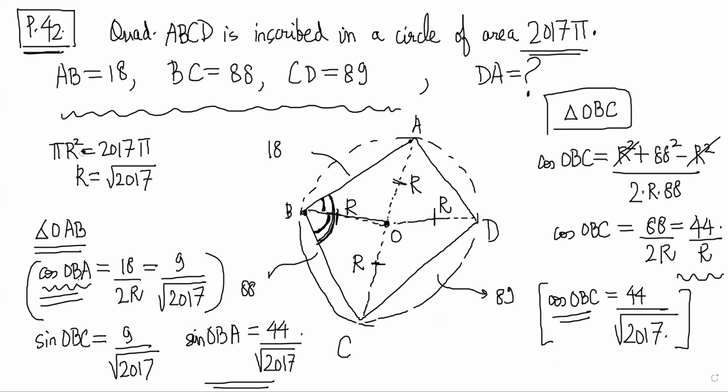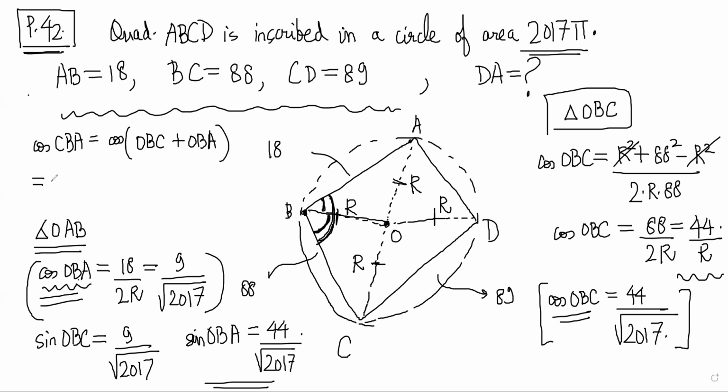Another way to show that is by saying find cos of CBA, which is equal to cos of OBC plus OBA. That is equal to cos OBC cos OBA minus sin OBC sin OBA.